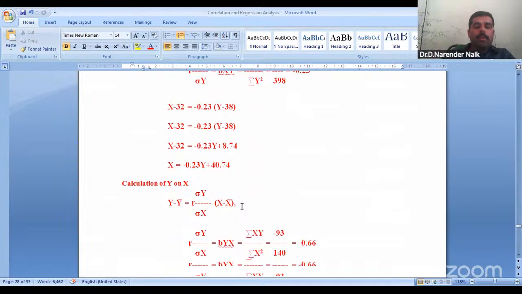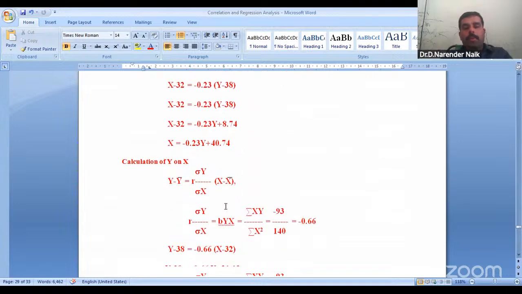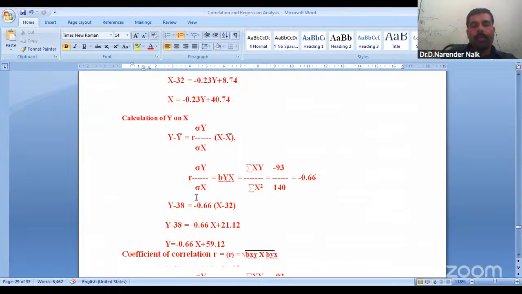Then calculation of y on x. Y minus y bar is equal to r into standard deviation y divided by standard deviation x into x minus x bar. Okay, so this is the formula. So you observe carefully, my dear students.